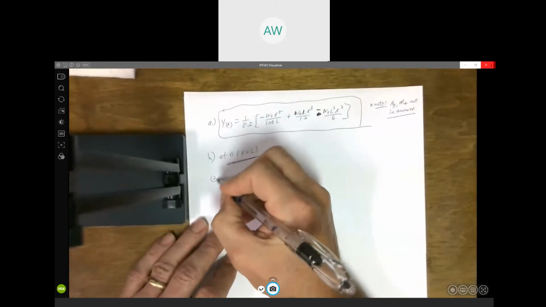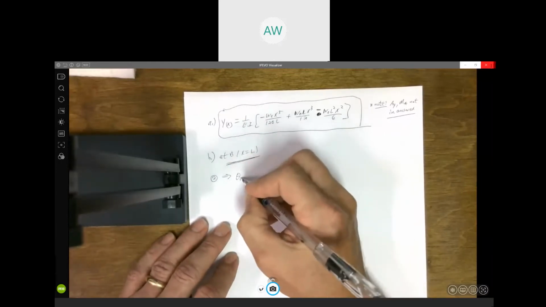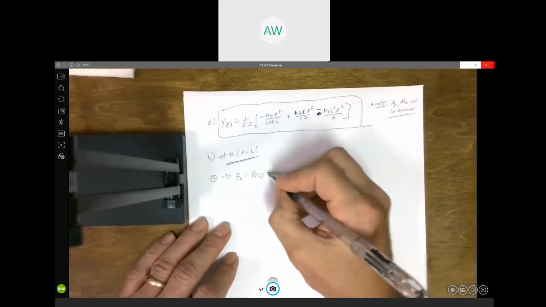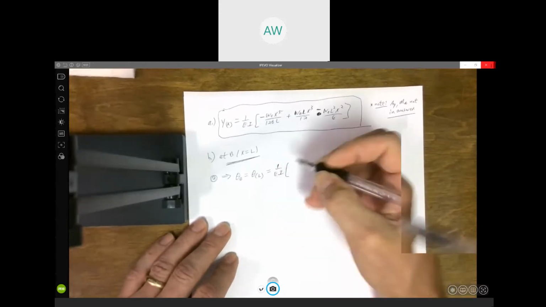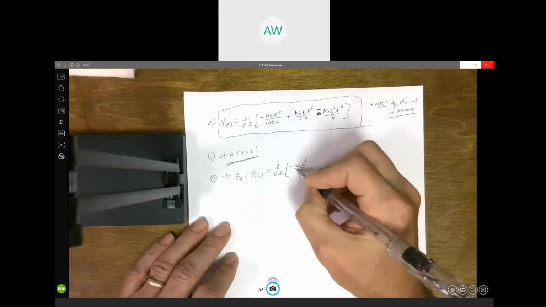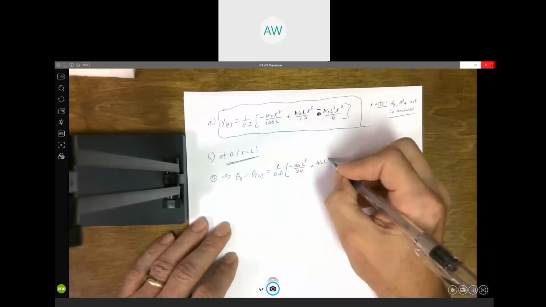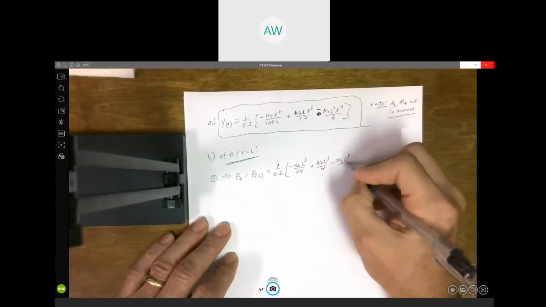If you go back to equation 2 on that previous sheet, theta B is the slope at x equals L. You just plug L in there for x, and so you get 1 over EI times minus W naught L cubed over 24 plus W naught L cubed over 4 minus W naught L cubed over 3.